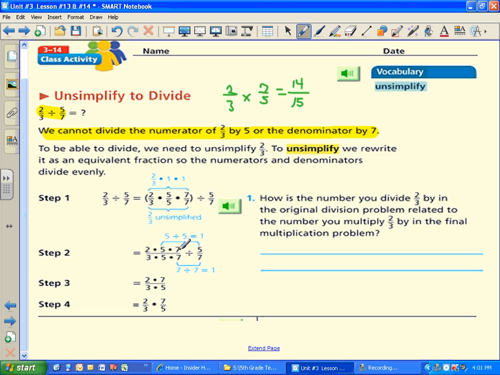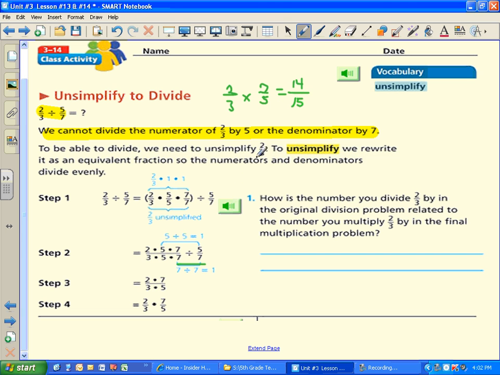Here you have 7/7 divided by 5/7. 7 divided by 7 is 1. So now you have 2 times 7 over 3 times 5. And 2 times 7 is 14, and 3 times 5 is 15.